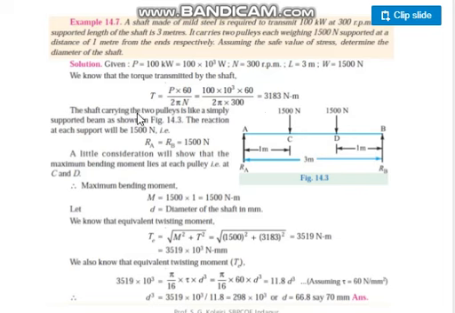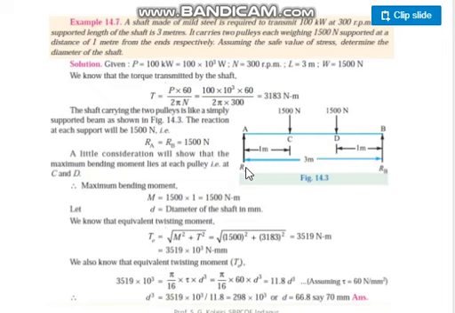Now, the shaft carrying two pulleys is like a simply supported beam, supported at A and supported at B. The reaction at each support: when this load and this load are acting downward, then at these two supports there will be reactions. At A there will be reaction RA, at B there will be reaction RB.